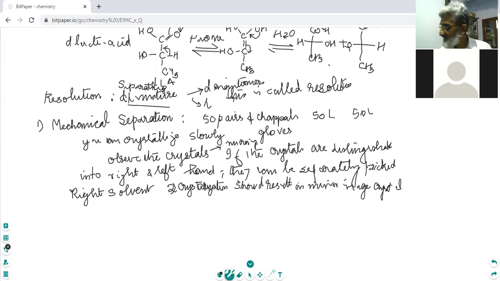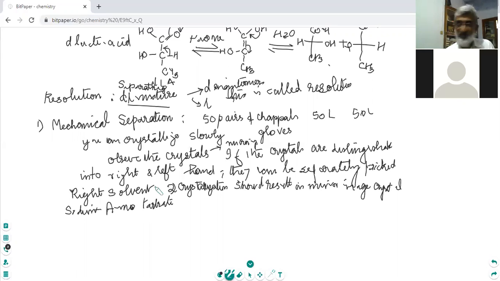A very typical example which we know is sodium ammonium tartrate. Sodium ammonium tartrate is a compound.